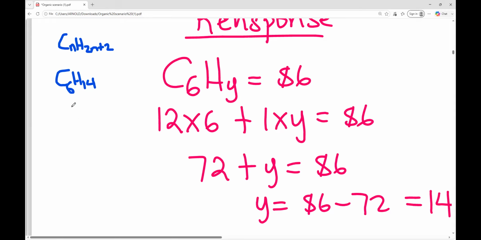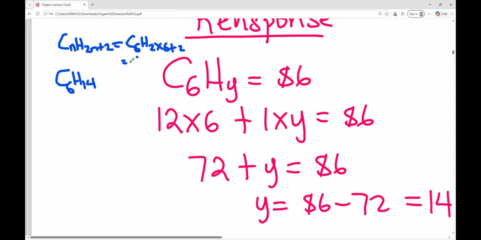If I substitute 6 where I have n in this formula, I'll have C6H(2 times 6 plus 2).